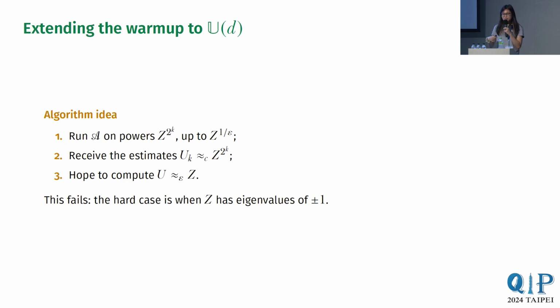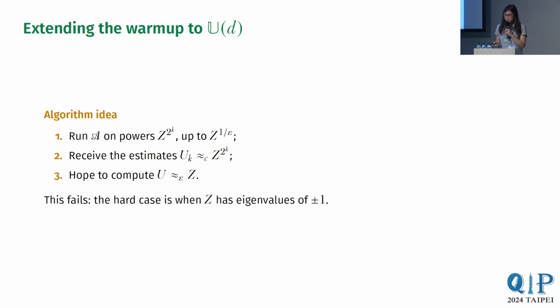What I say is not precisely true. You can still estimate the spectrum, perhaps. But what really is at issue is that you're losing access to the eigenvectors. So whenever I power up, I'm not boosting my estimates of the eigenvectors. And in this extreme case, you lose access to the eigenvectors entirely.